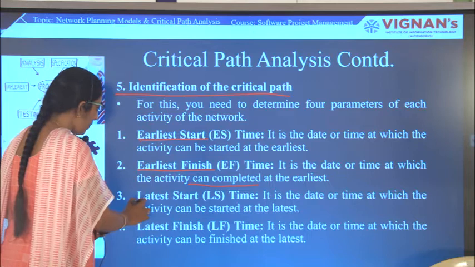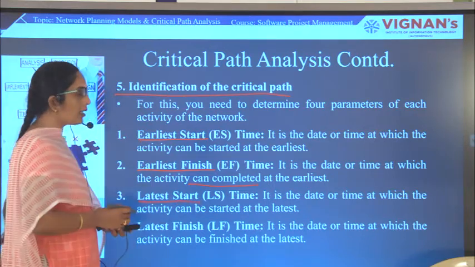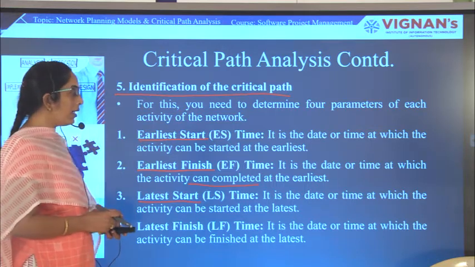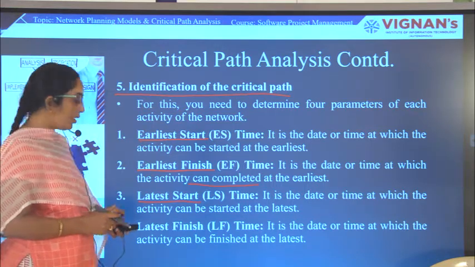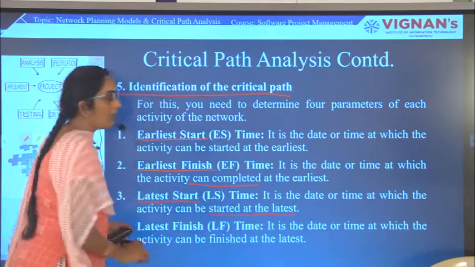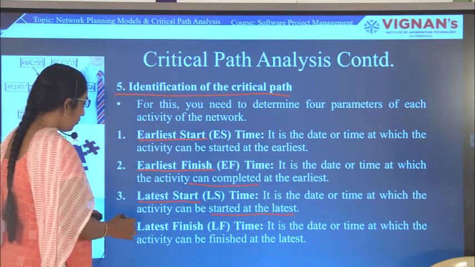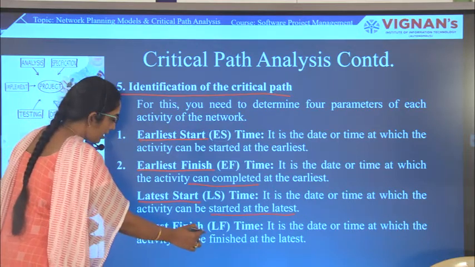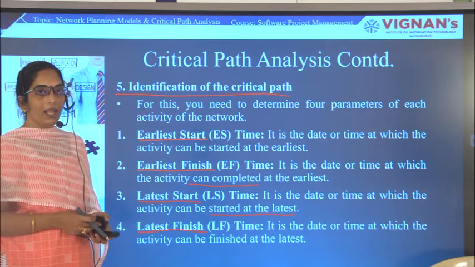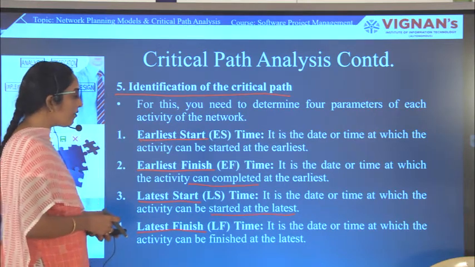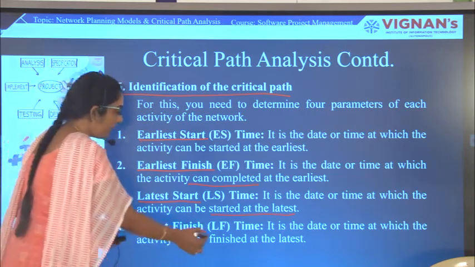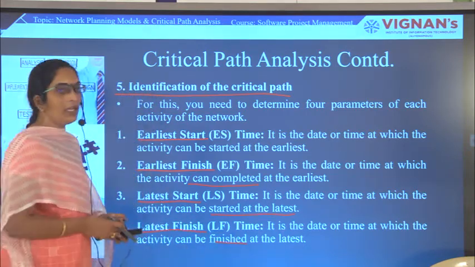The next is latest start time, represented by LS, the date or time at which the activity can be started at the latest. The fourth parameter is latest finish time, represented by LF, the date or time at which the activity can be finished at the latest.